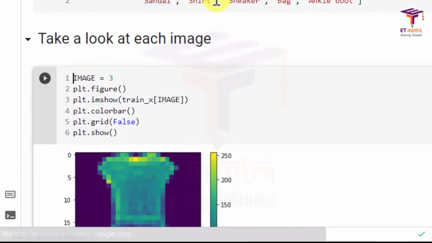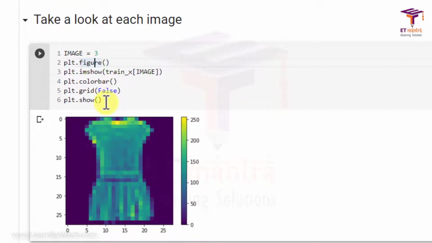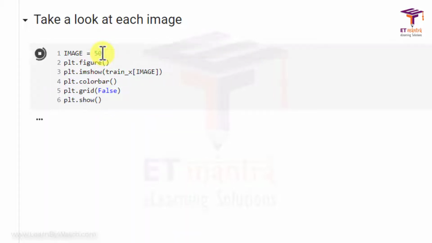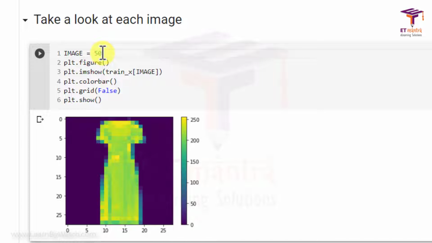Now let's take a look at each of the examples in the dataset and what images they actually are. So suppose I've taken the third example and I've plotted this. All these commands are used for plotting. So you can see that this looks kind of a skirt. And if I change this to maybe the 50th example, then this one is not very clear what image this is.